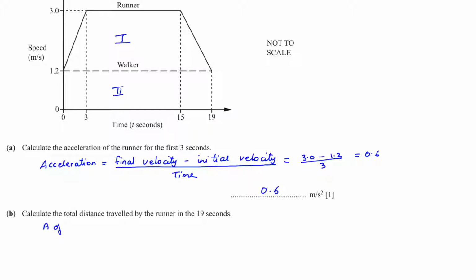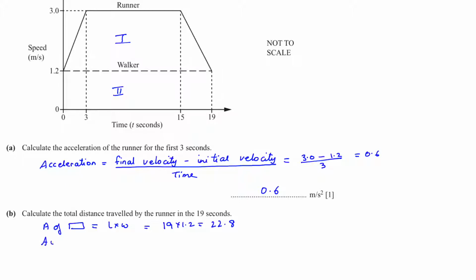Area of the rectangle is length times width. We have 19 as the length and 1.2 as the width. That is 22.8 square meters.